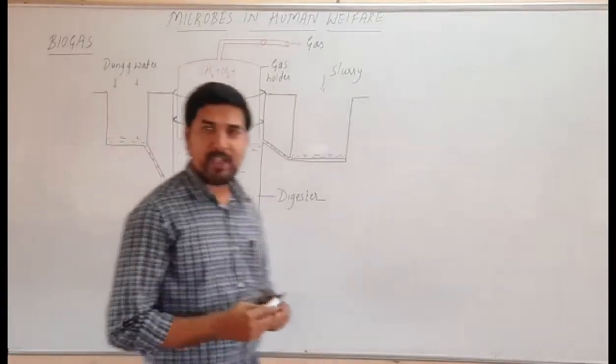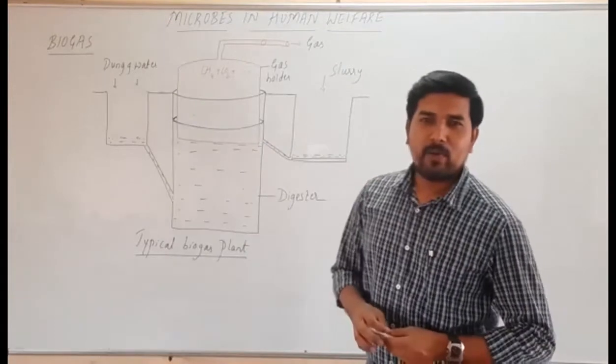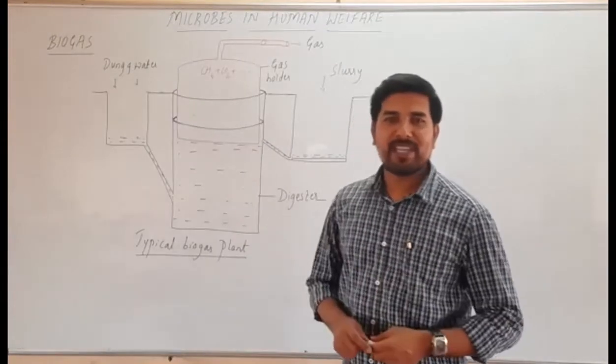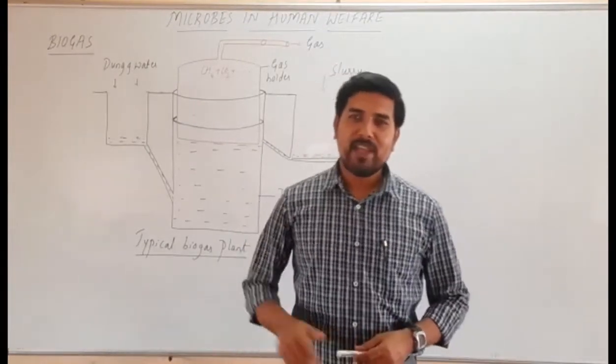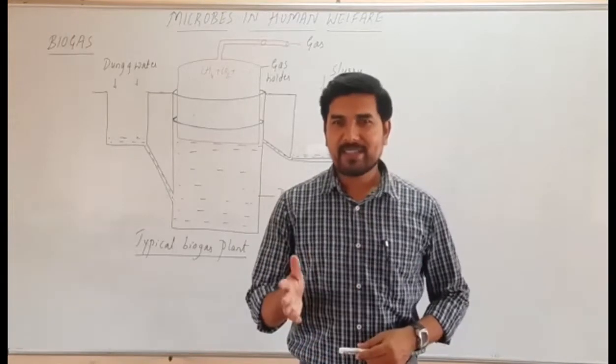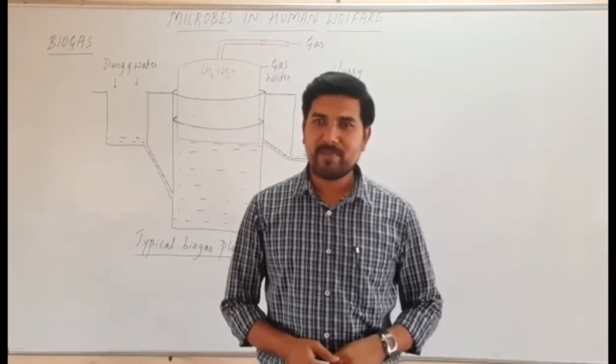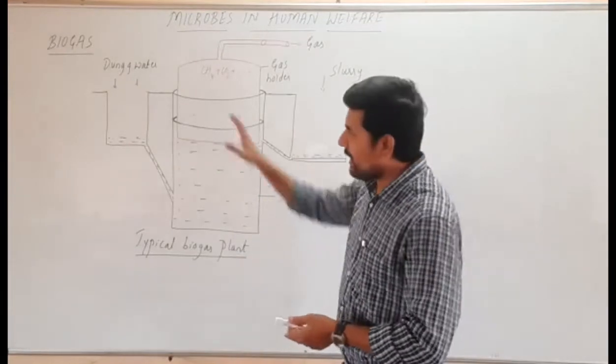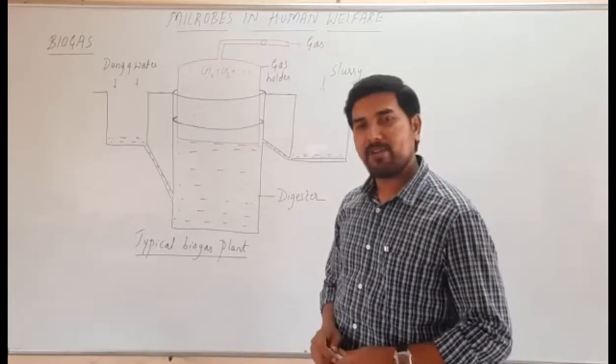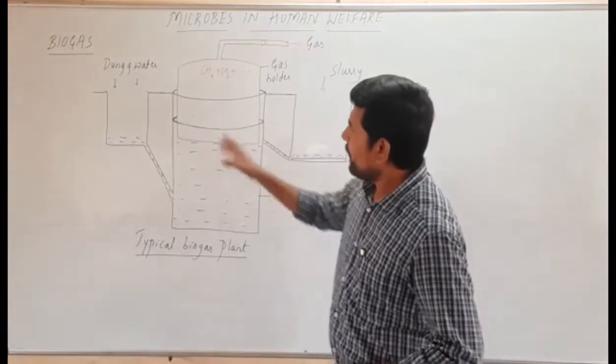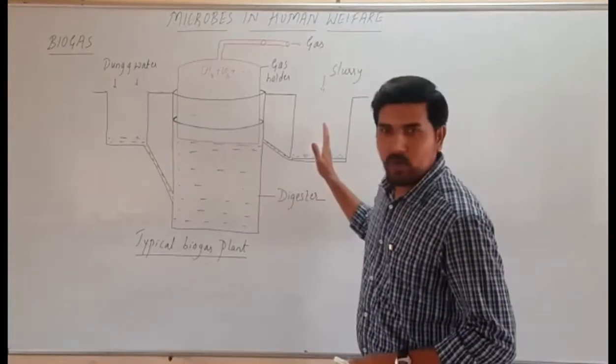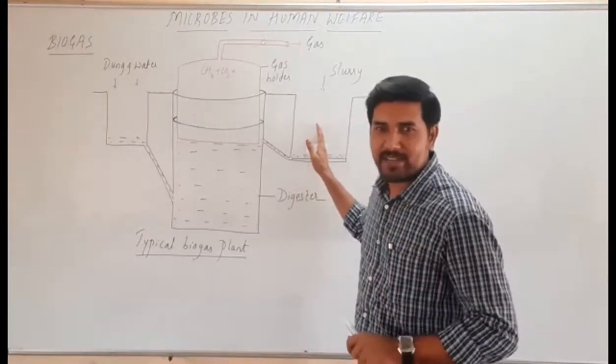Now, what is done by using these biogas plants? Already we know biogas is nowadays widely used. Okay, so first let's see its functioning and later on we will see its uses. Now there are majorly three tanks which are constructed.